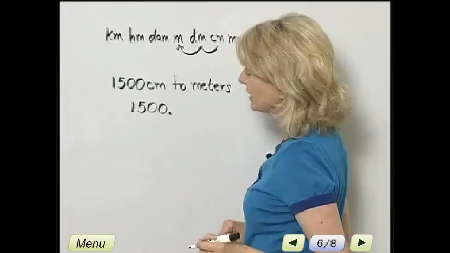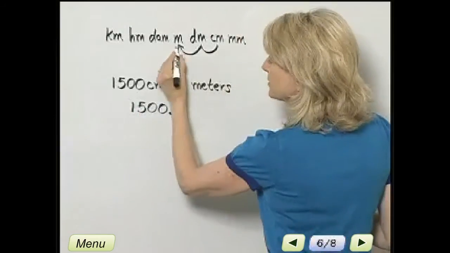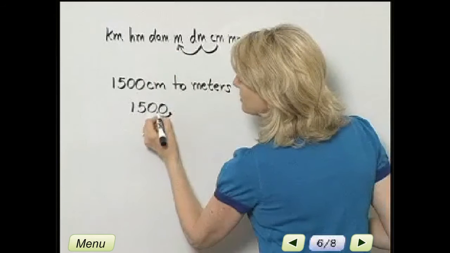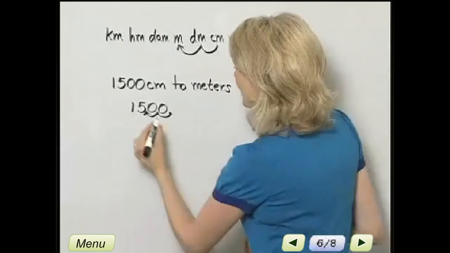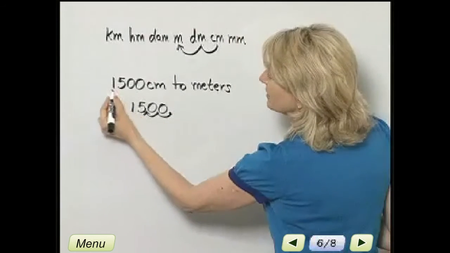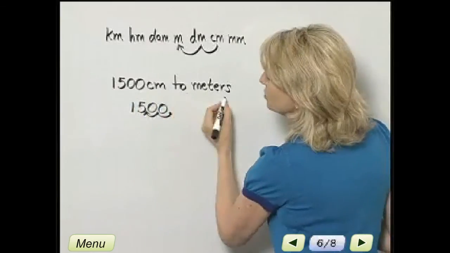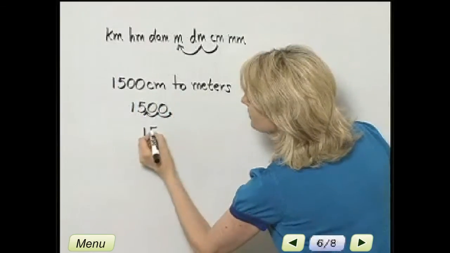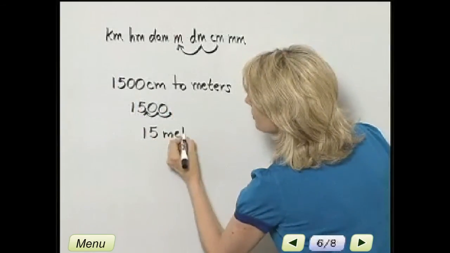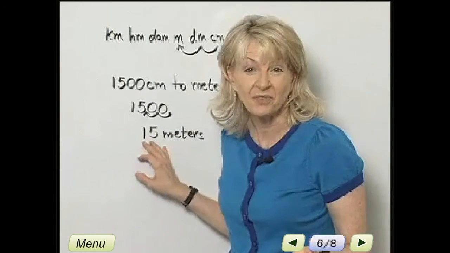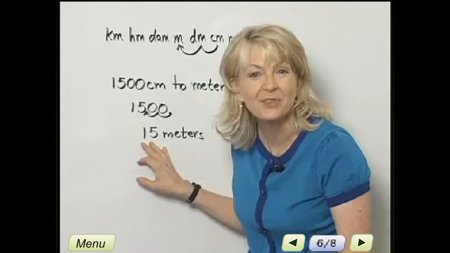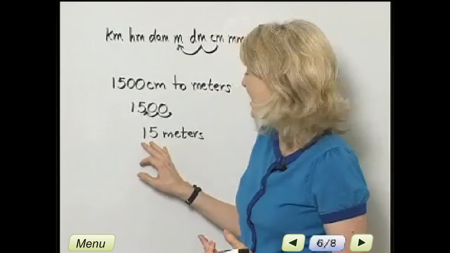There's the decimal point in this whole number. 2 places to the left, and you have your answer, 15 meters. 1,500 centimeters to meters, that is 15 meters. You can use unit fractions, by the way, but you don't need to since this is base 10.